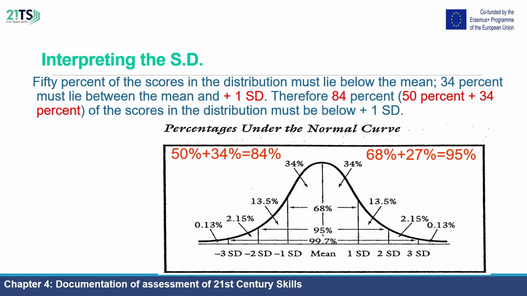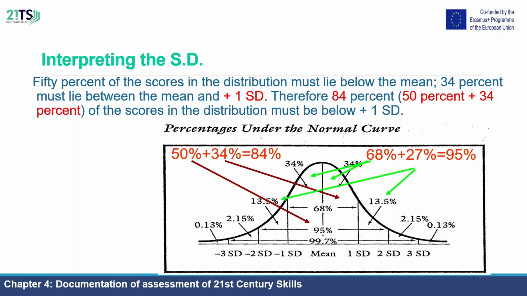How do we interpret the standard deviation? 50% of the scores in the distribution must lie below the mean. 34% must lie between the mean and plus one standard deviation.